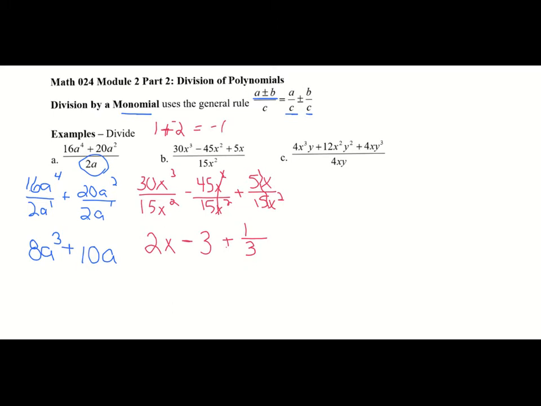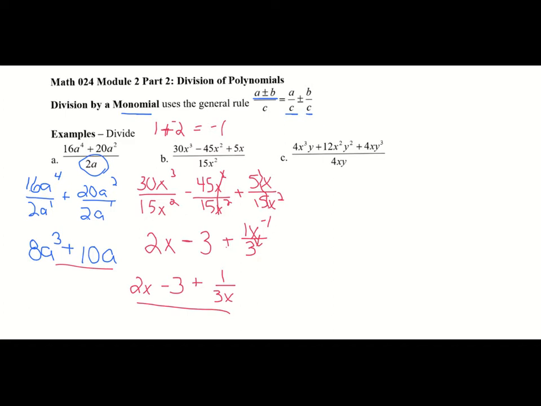So right now I have x to the negative first power. But remember, we always want positive exponents. So when I write my final answer, it's going to be 2x minus 3 plus 1 over 3x, because I'm going to move that x to the -1 to the bottom to make it positive. So that's my final answer there.